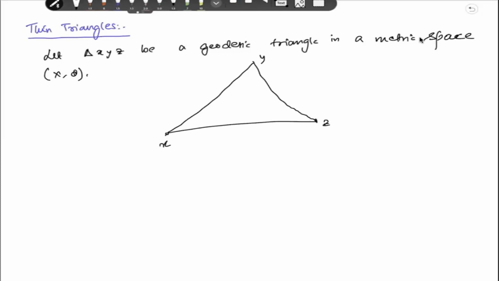First, our goal is to find points on the sides.